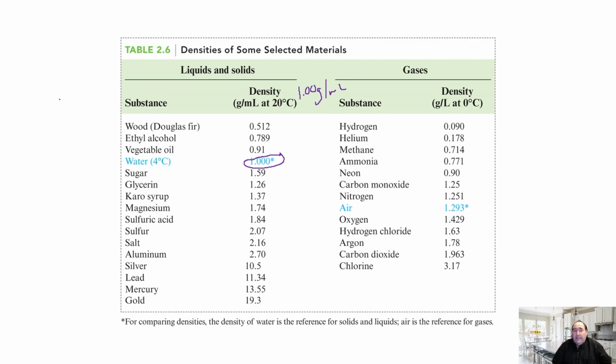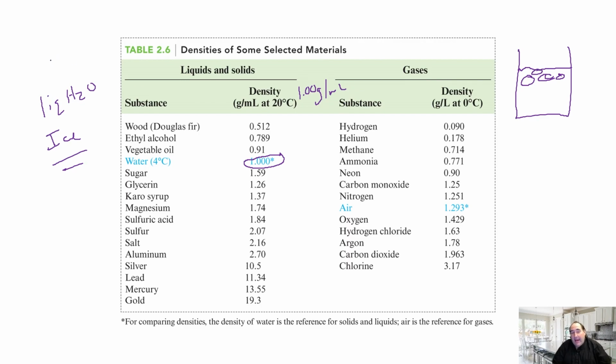By the way, the density of liquid water is different than the density of ice. Water is an unusual substance. Actually, in its solid phase, it's less dense than in its liquid phase. So ice actually has a lower density than liquid water. That's why when we put ice cubes in our drink, they float right at the top.